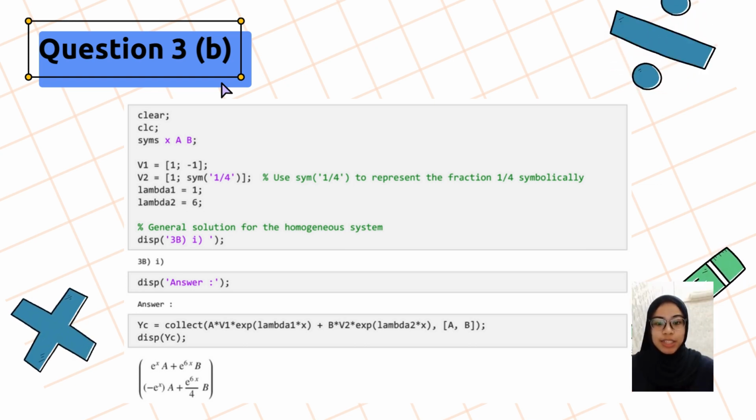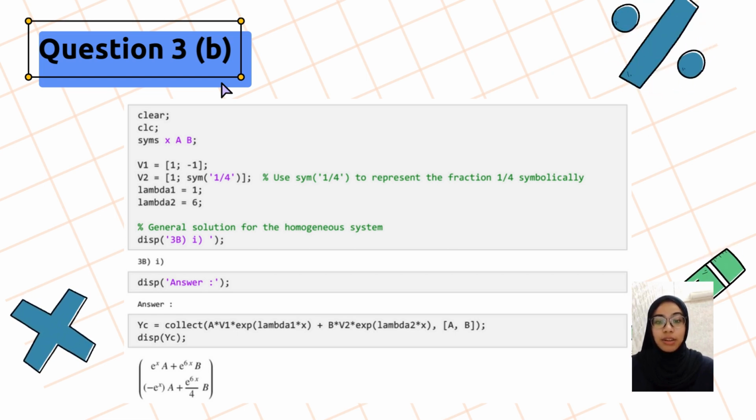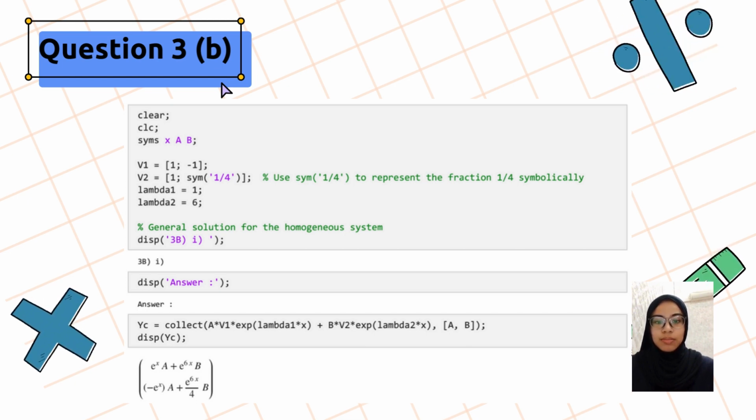So to make the simulation using MATLAB, firstly we need to use the commands clear and clc to clear the workspace and command window. Next, declare symbolic variables x, a, and b. Next, define the eigenvectors v1 and v2. v1 is 1 and negative 1. v2 is 1 and 1 over 4.